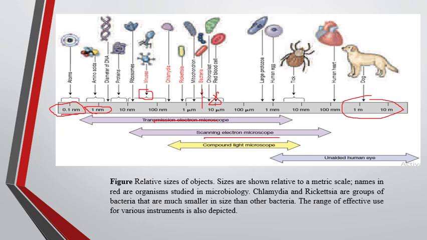And the daily-use microscope, that is the compound light microscope, observes organisms from near about 1 micrometer to 10 millimeter almost. After that there is no need of a microscope, from 1 millimeter to 10 meter.